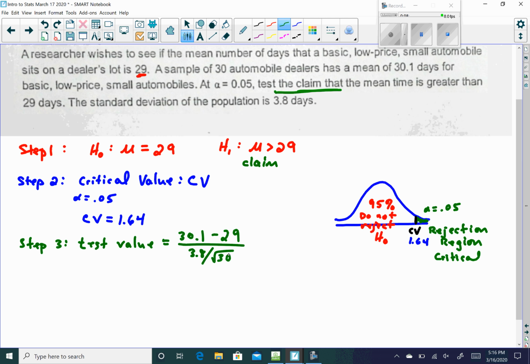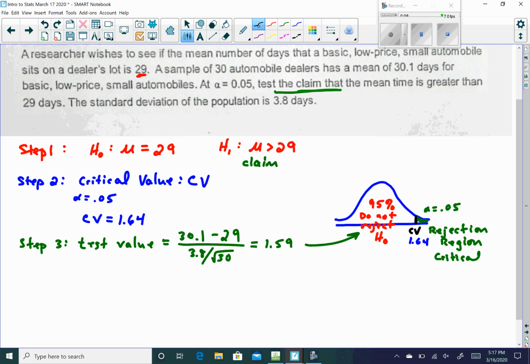So if you want, go ahead and pause the video to calculate this. But you should end up with a 1.59, and we could just round that to the same number of decimal places as our critical value is, which would just be 2. So this means 1.59 is going to be to the left or below the 1.64. So this falls in the non-critical region.